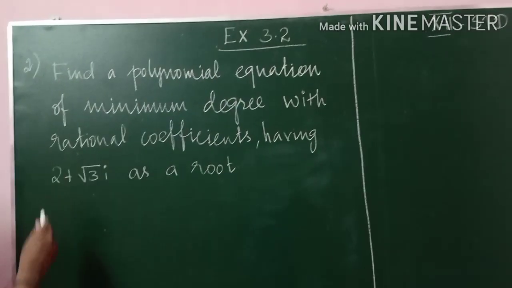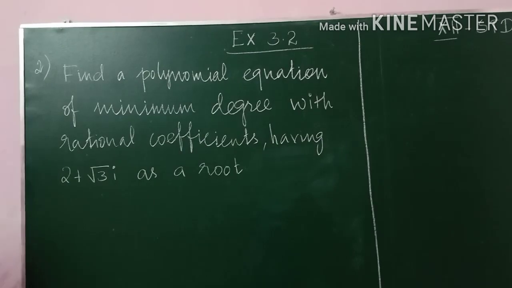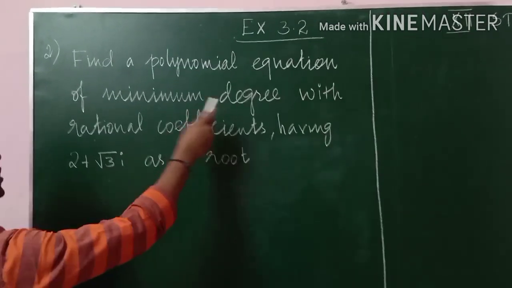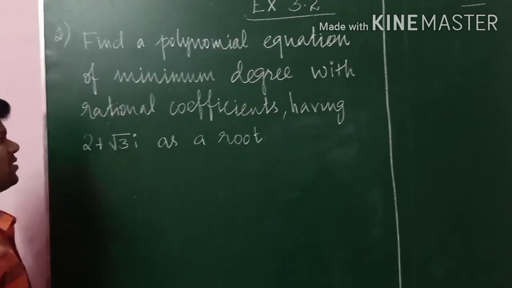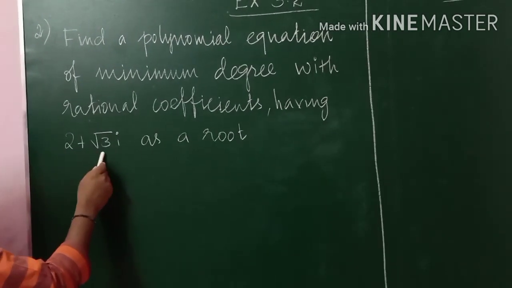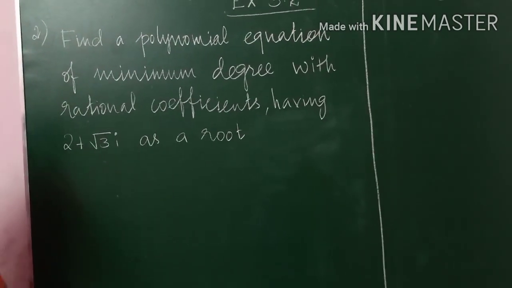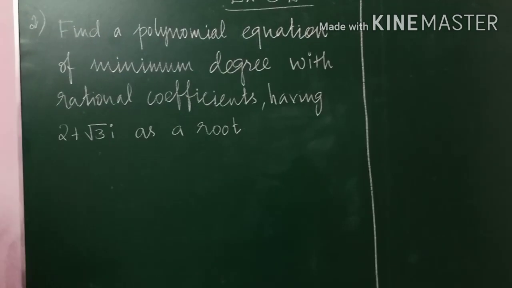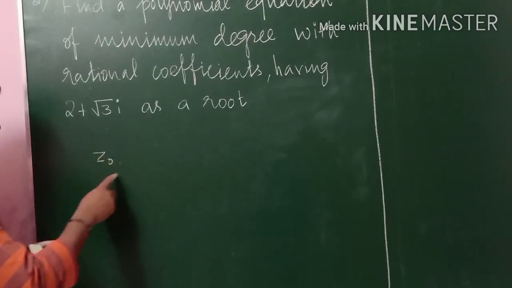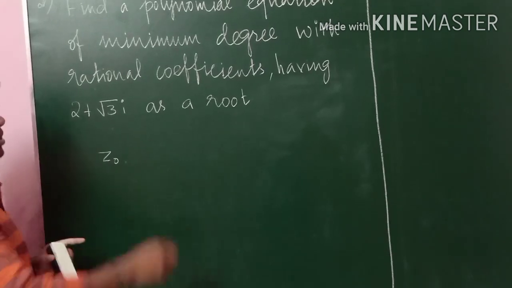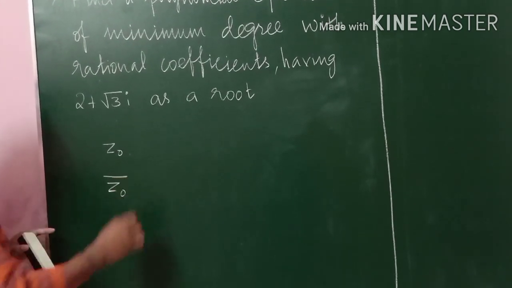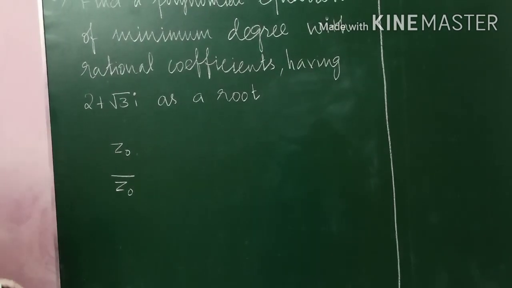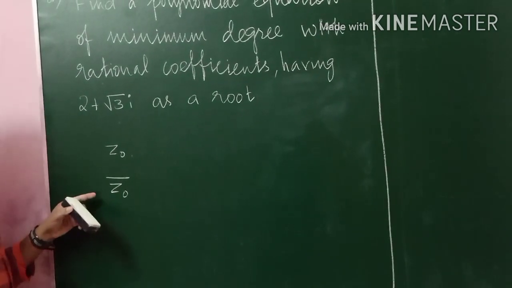Now exercise 3.2 second question. Find a polynomial equation of minimum degree with rational coefficients having 2 plus square root of 3i as a root. So first note we have seen, if complex number z0 is a root of the polynomial equation, then its conjugate z0 bar is also a root of the polynomial equation.